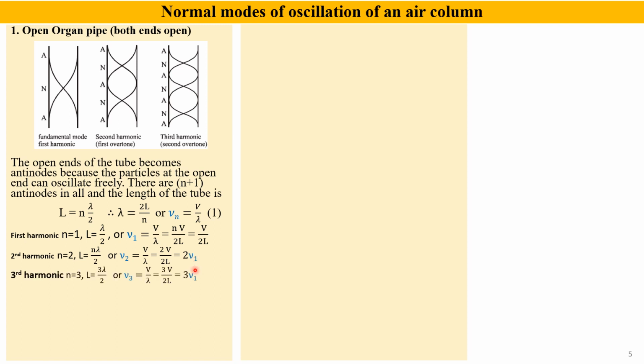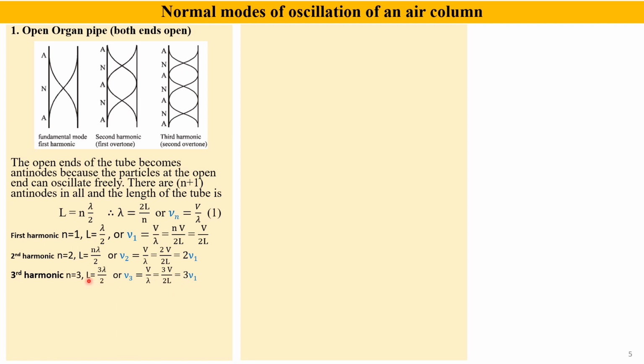To find the third harmonic, we put n is equal to 3 in equation 1. Therefore, L is equal to 3 into lambda by 2, and nu 3 is equal to v by lambda. But lambda is equal to 2L by 3. So if you put it in the denominator, nu 3 will be equal to 3v by 2L, that is equal to 3 times nu 1.